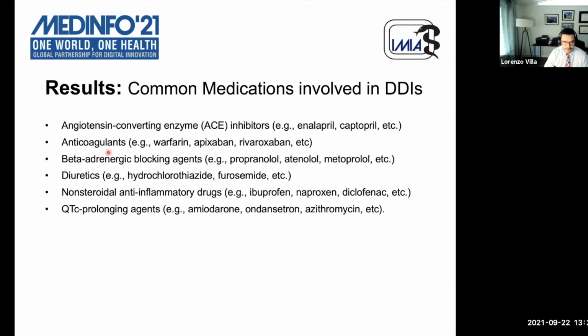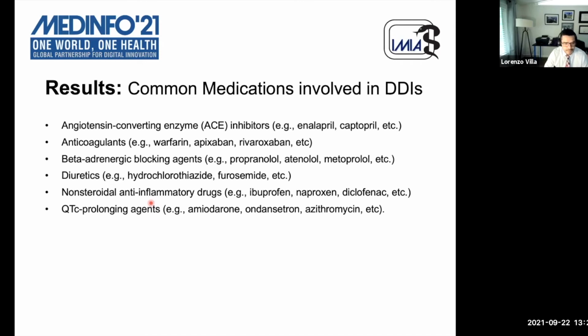As you can see, the first one is ACE inhibitors. The second is anticoagulants. The third, beta blocking agents. And then, moving to the very end of this list of common medications involved in drug-drug interaction, we have NSAIDs, which you can use, for example, over the counter. But also we have QTc prolonging agents.